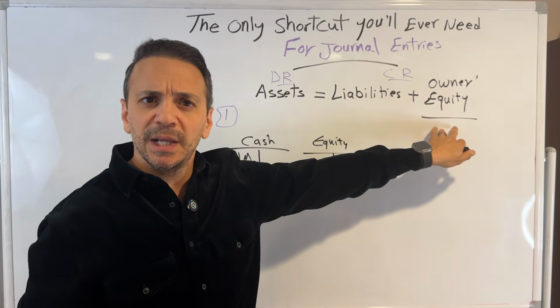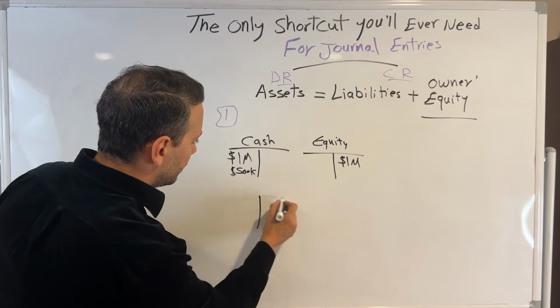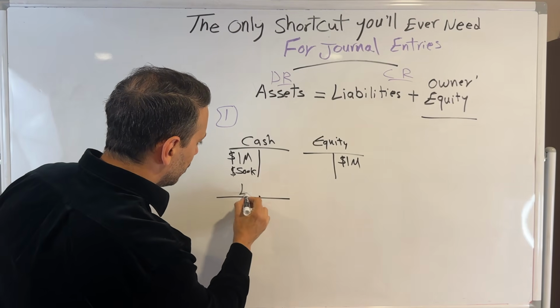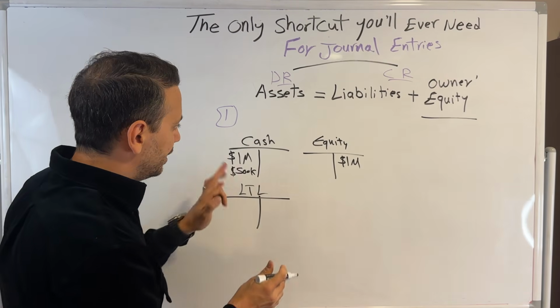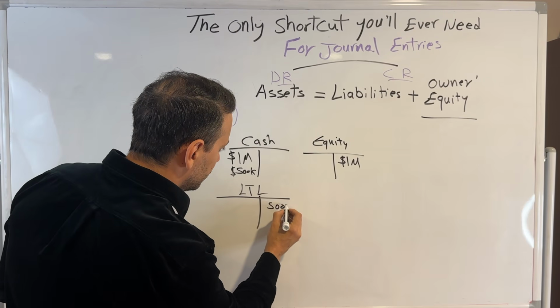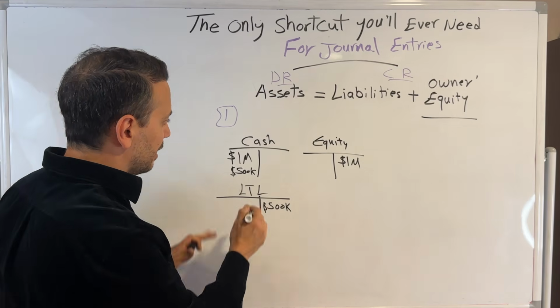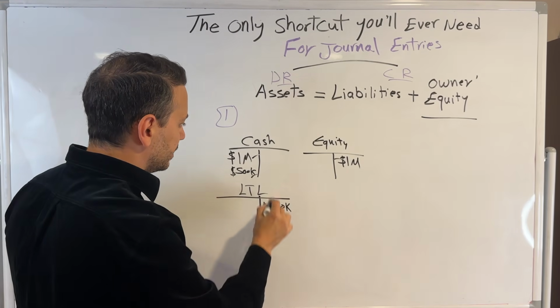Well, no, this is a liability, right? So we're going to create a T account for that and call it long-term loan. And your credit is going to be to long-term loan for 500K. So that balances out. We have a debit and credit.